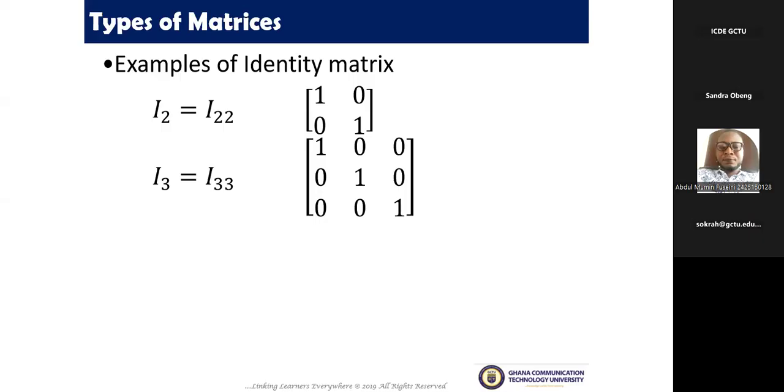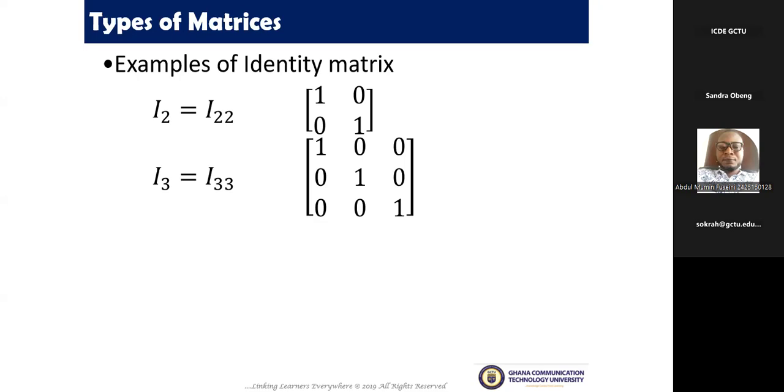Now take note. When it comes to identity matrices, they also follow the size of the matrix. If you look at the first identity or unit matrix, the size is 2 by 2. So if you have a 2 by 2 matrix, this is the unit or identity matrix. And if you have a 3 by 3, it follows the size, the dimension or the order of the matrix.